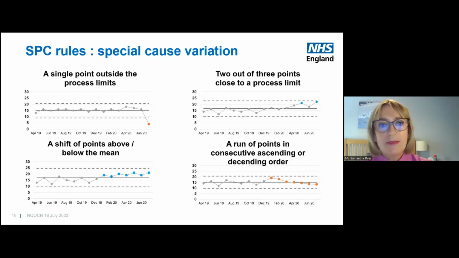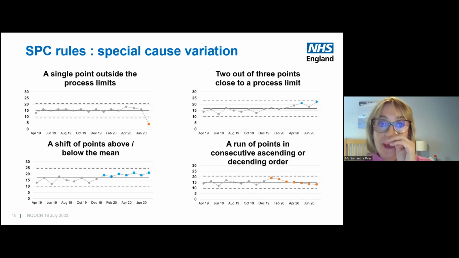Now, one of the things that we've learned is really important is we don't want you to have to remember these rules in your head and count the dots. We need this special cause variation to be highlighted for you automatically. So we've got a colour convention that means if you see orange dots, it means we've got a concerning pattern in the data. And if we've got blue dots, we've got improvement in the data.